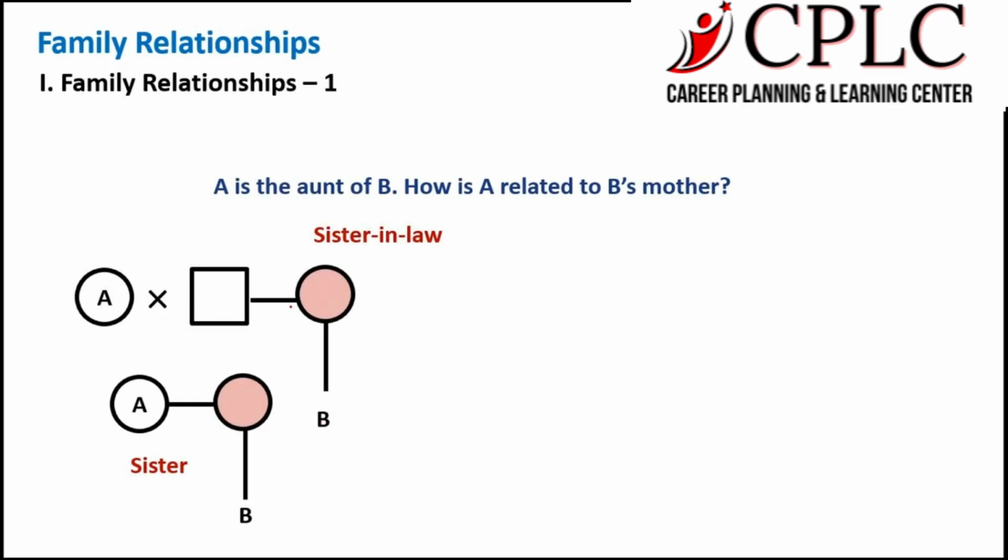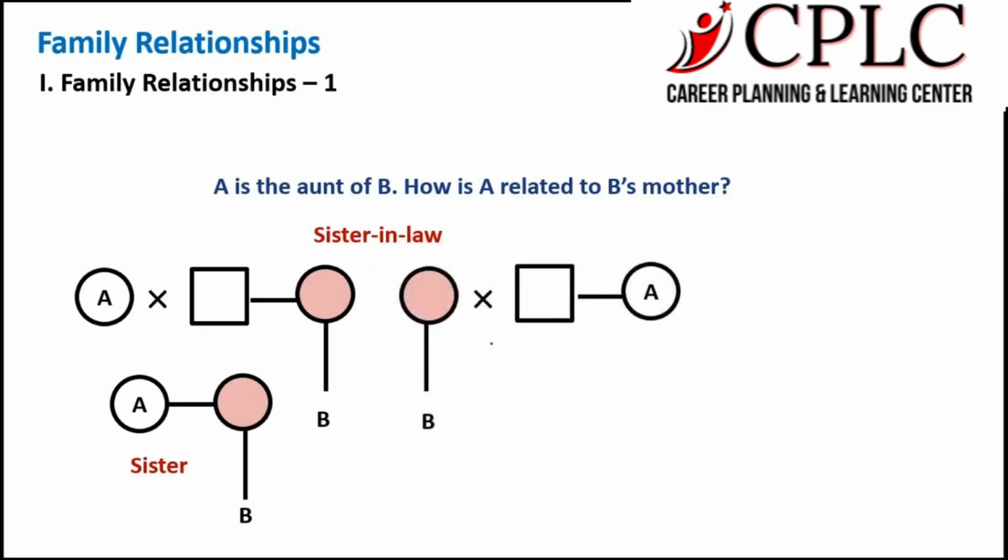This is B's mom's brother. So basically B's uncle, and A is his wife. Basically this is the mami wala scenario. And again, if you want to answer how is A related to B's mother, as you can clearly see, now the answer will change, and the answer is sister-in-law.